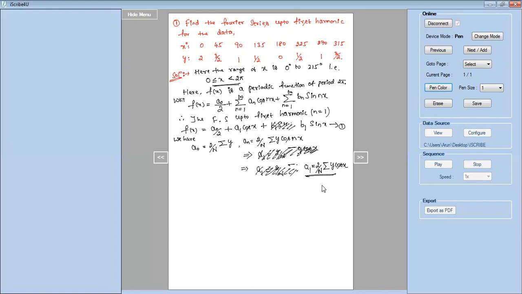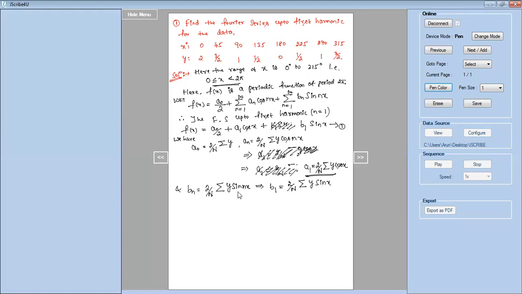Next, bn. The formula for bn is 2 by capital N into summation y sin nx. This implies b1, put n is equal to 1, is 2 by capital N into summation y sin x.